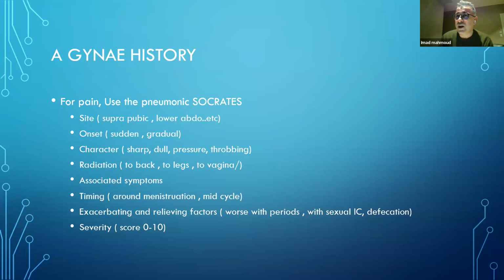And someone says it's 9 out of 10. And you can ask them, does it stop you from doing things, like if you're washing the dishes, when your pain comes, do you stop? If you are a teacher in the school and the pain comes, do you have to sit down and stop? All these questions will help you to assess the severity of the pain and then the seriousness of the pain.